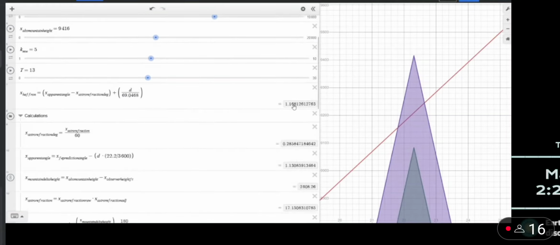It looks like your formula says 1.168 right here. Okay, well, for some reason, the 1.196 is not what you and I and everybody got when we all went over it together. But go ahead and put that red line at 1.196.